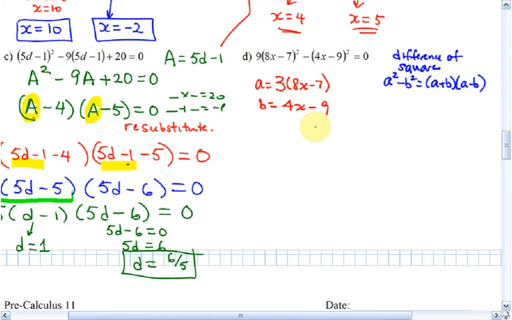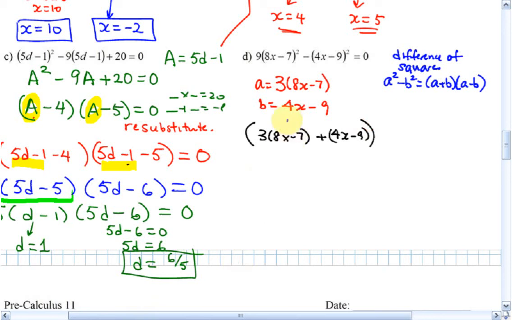So if you've identified all those three things, then hey, life is pretty good. Because now you can just plug it into this lovely formula we have here. Remember, the difference of squares is just a plus b, a minus b. So therefore we have now a, which is 3 bracket 8x minus 7, plus b, which is just 4x minus 9. And I'll put it in a bracket right now so you can see.